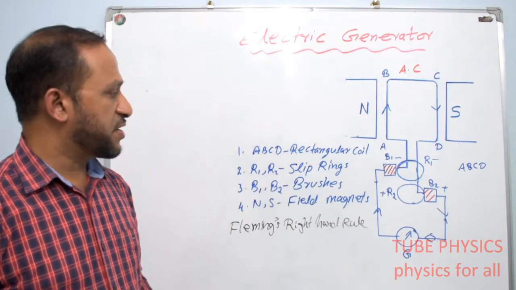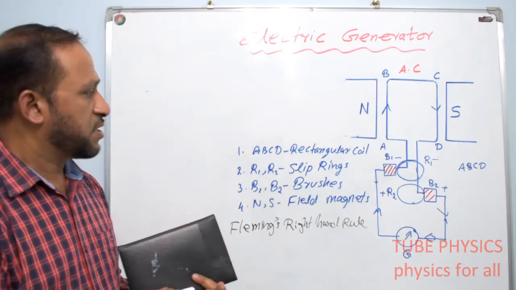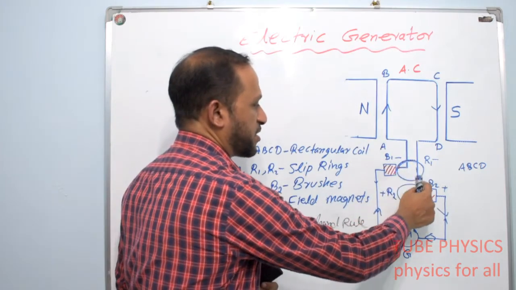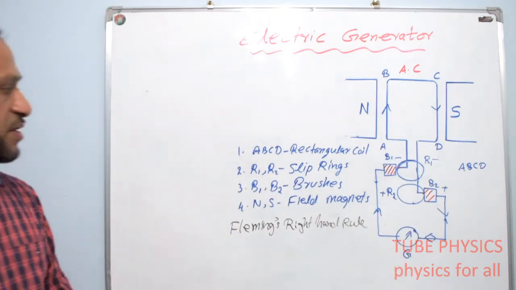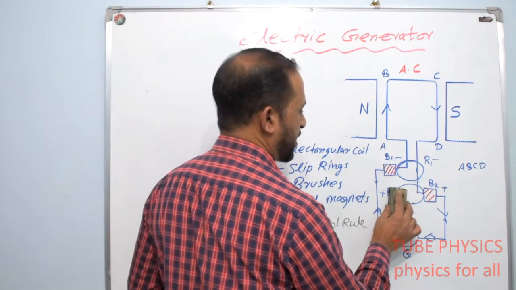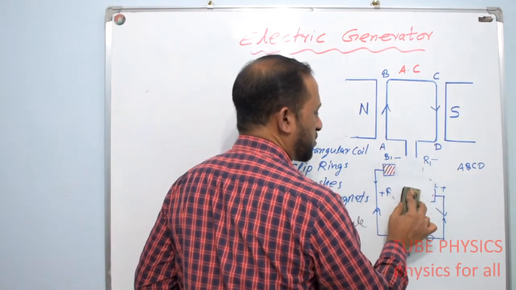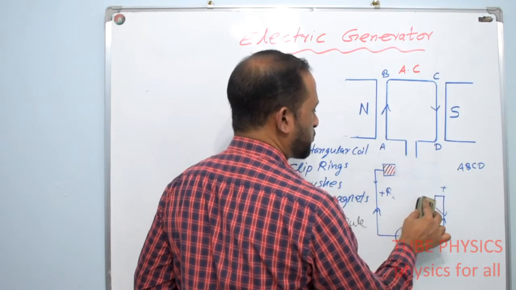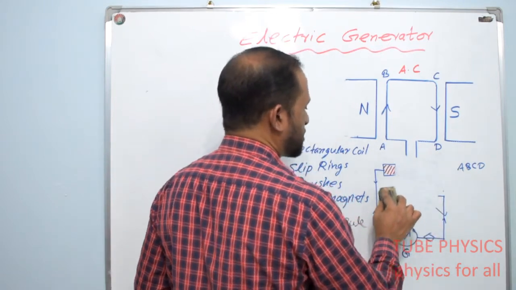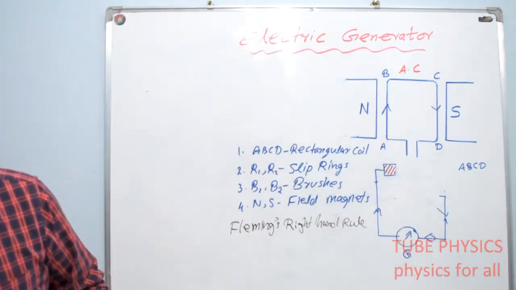Now in a DC generator there is a small difference only at this area, at the rings R1 and R2. In a DC generator, the only difference is that these two slip rings will be replaced by two split rings, or it is called a split ring commutator.